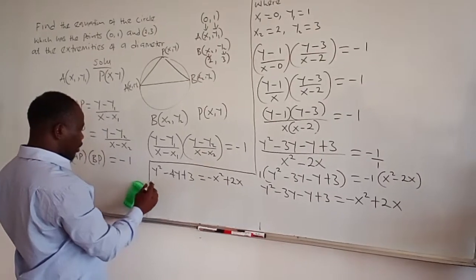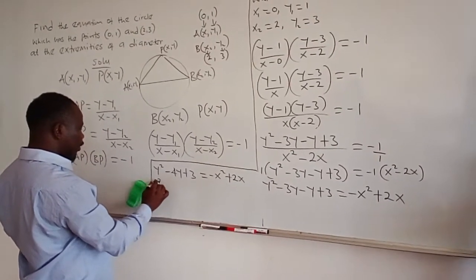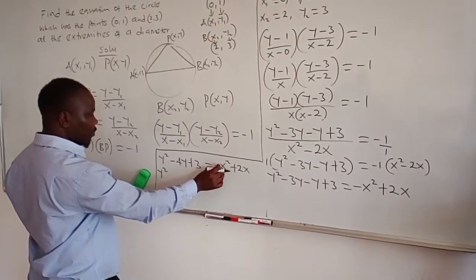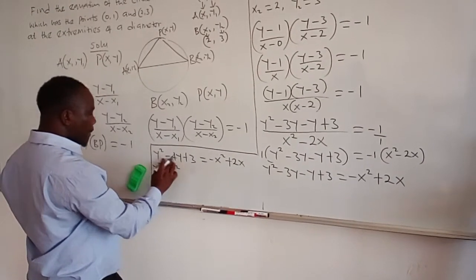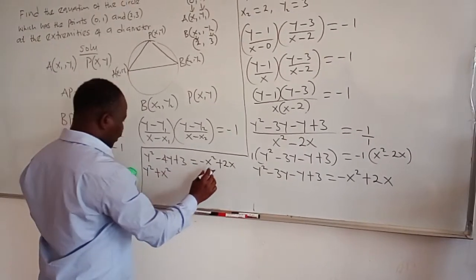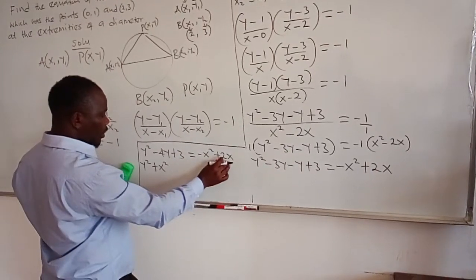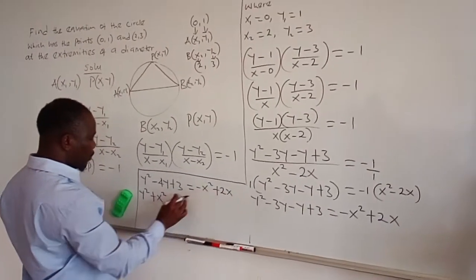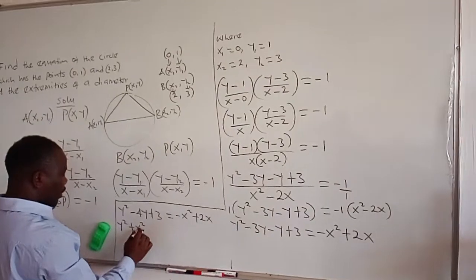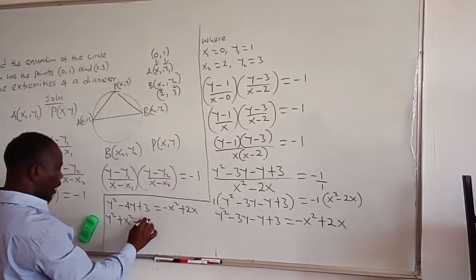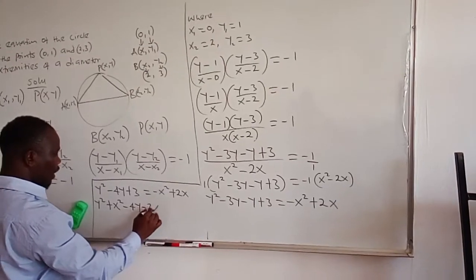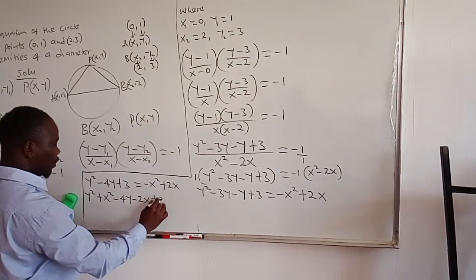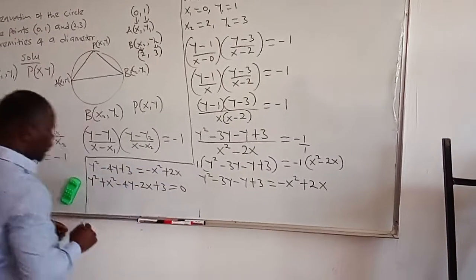So this is how it will be. y squared, this one crosses the sign of equality, becomes plus x squared, minus 4y, this one crosses the sign of equality, minus 2x plus 3 equals to 0.